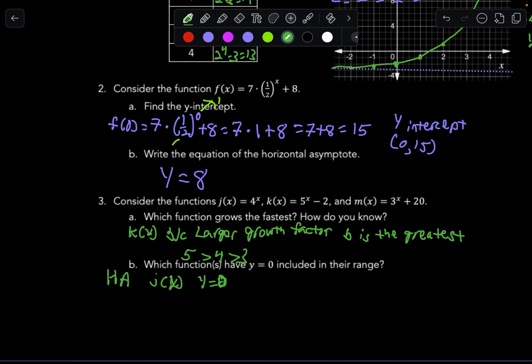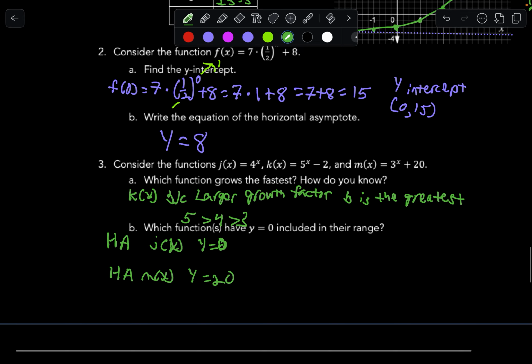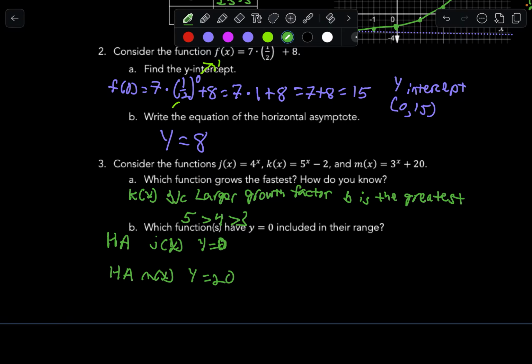So it'll approach the x-axis but never touch it. For m of x, the horizontal asymptote is going to be y equals 20 because we're adding 20 at the back end.